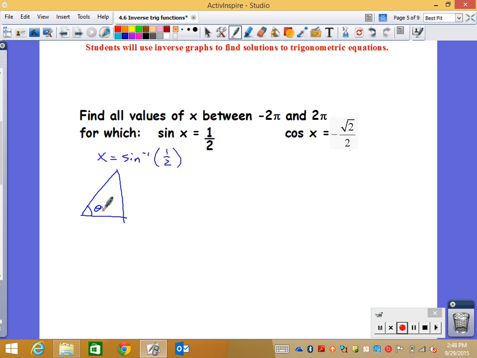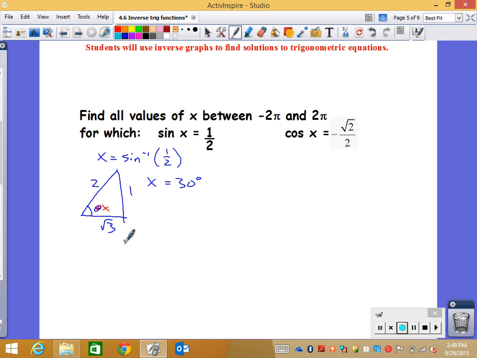Now, sine is opposite over hypotenuse, so my opposite is going to be 1, my hypotenuse is 2. Hopefully you can recognize this as a special triangle. With the theta, or x in this case, I probably should have made that an x, not a theta, x is going to be equal to a reference angle of 30 degrees. Again, 30 degrees is my reference angle.